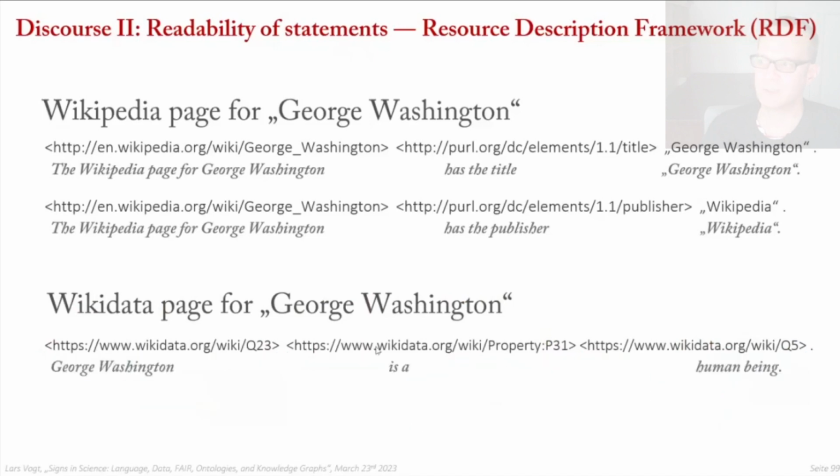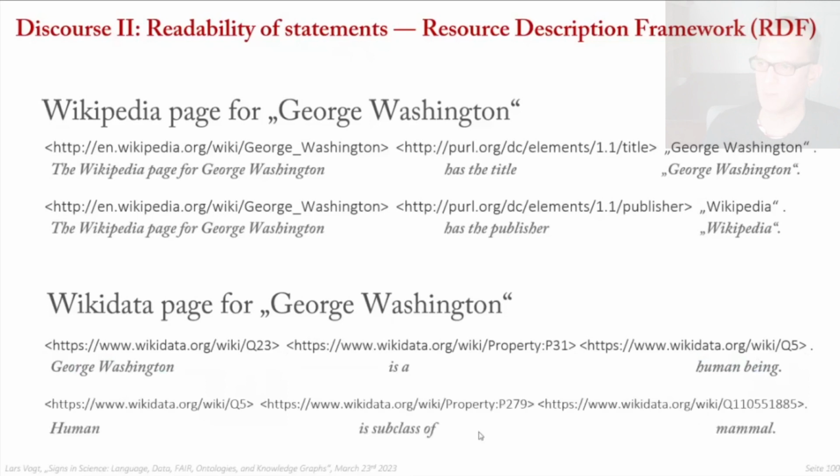But we can still translate that because you can make statements where you basically assign a label to this URI using, again, a triple, where in the third position you would have a literal that basically defines the label of that. So here we can then translate that as George Washington is a human being. We have another statement that says also from Wikidata, human is subclass of mammal.